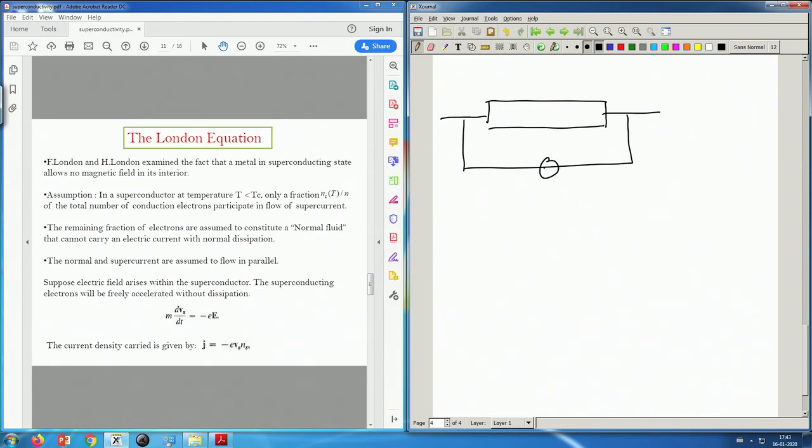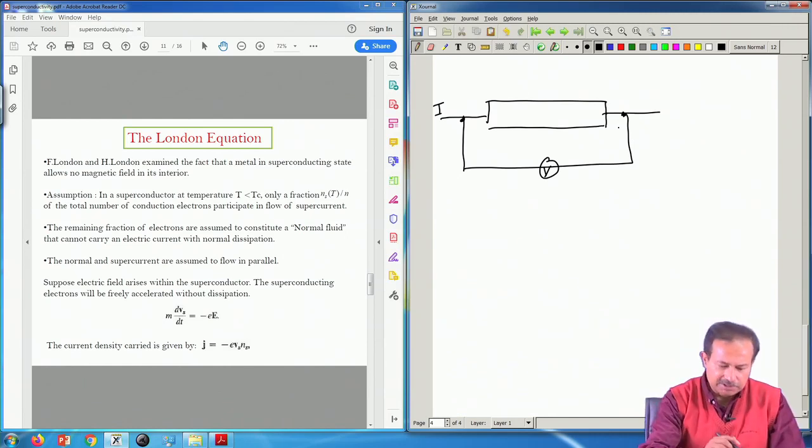You measure the voltage here and you send a current through this, and then the voltage you measure includes the contact voltages, contact resistance and all that. So, that needs to be avoided, and ideally one does a 4 probe measurement, which is just this.